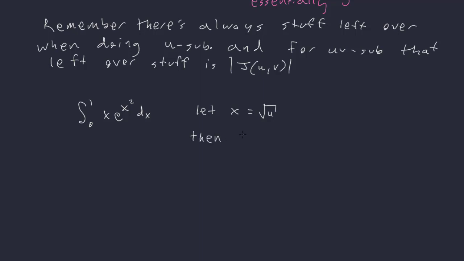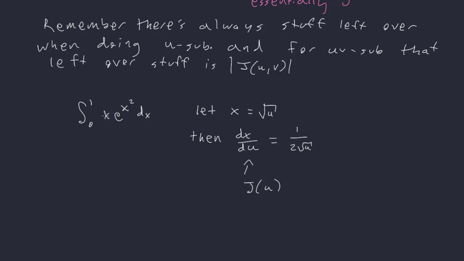Then the derivative of x with respect to u will be 1 over 2 square root u, and then we can plug this in, because this would essentially be our Jacobian. Right, because all we have here is u.